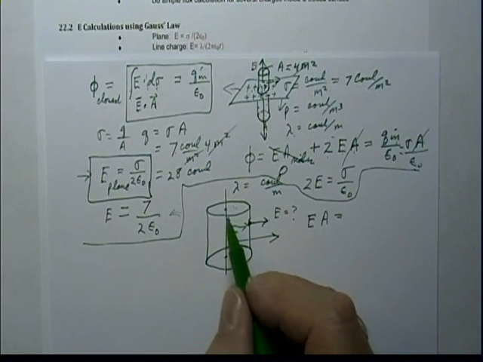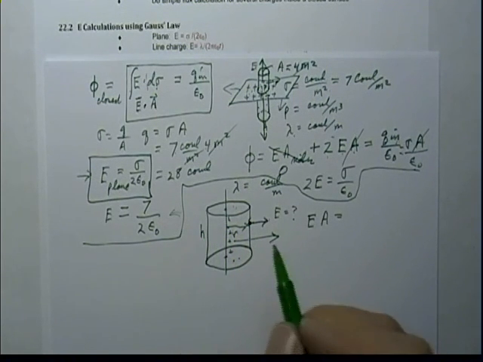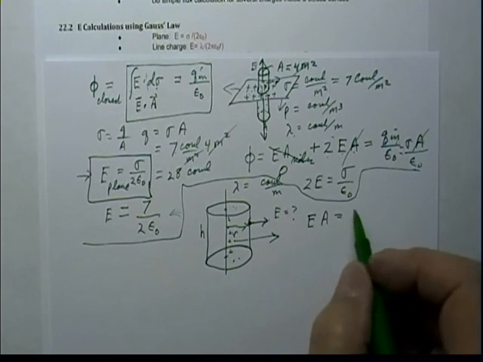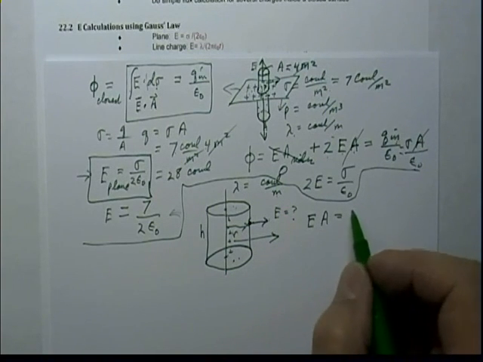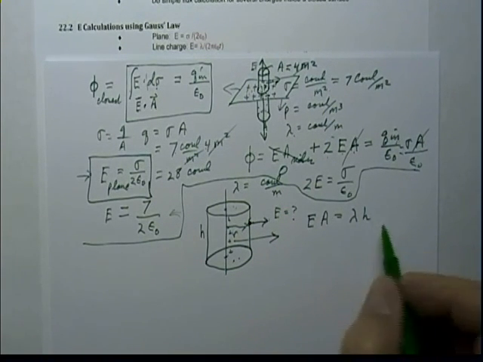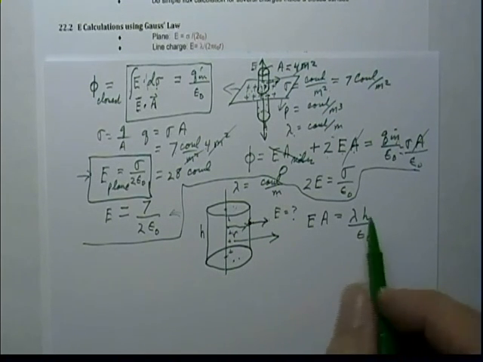Well, you know it's cut off if we have a height. Let's say we have a height h here. Then we know that lambda is the coulombs per meter, and therefore lambda times h is going to be equal to the charge, and we're going to divide that by epsilon naught.